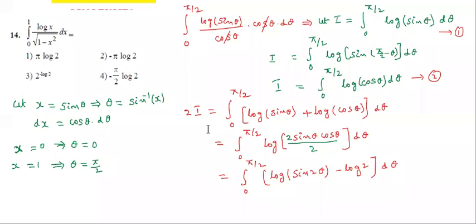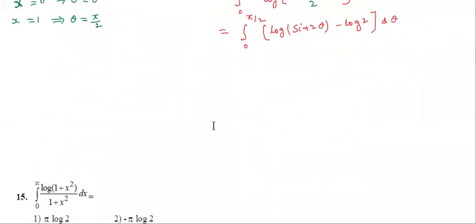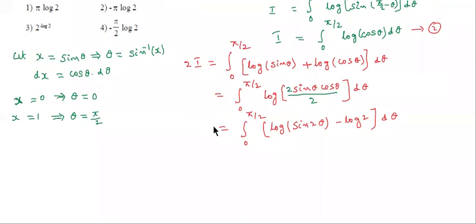See here what we have to do. Here again, take 2 theta is equal to t. Then what is d theta? d theta is equal to dt by 2.